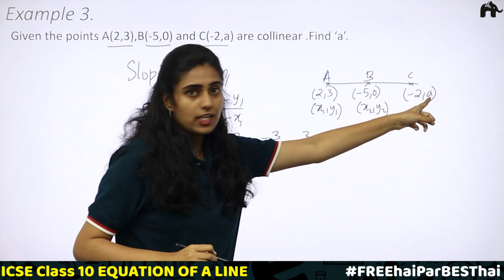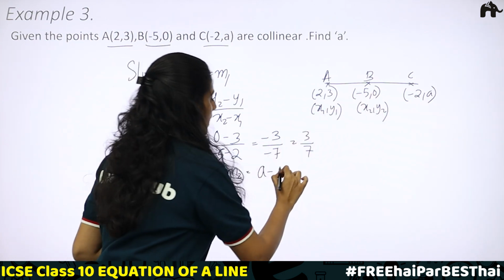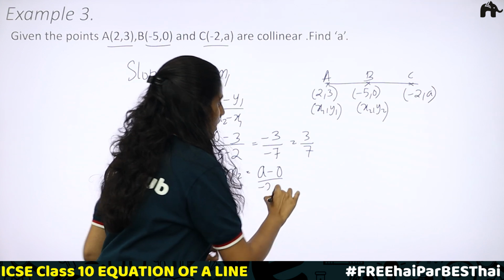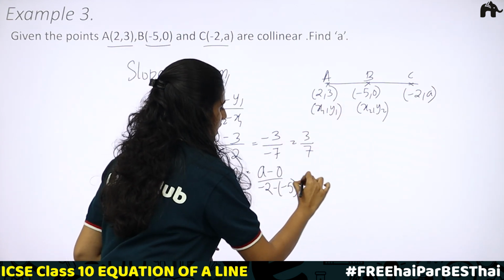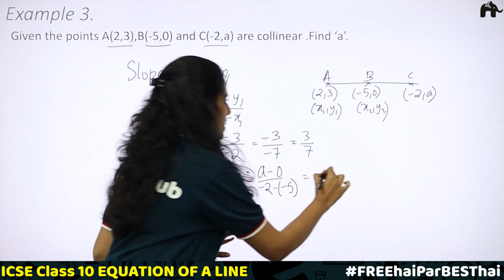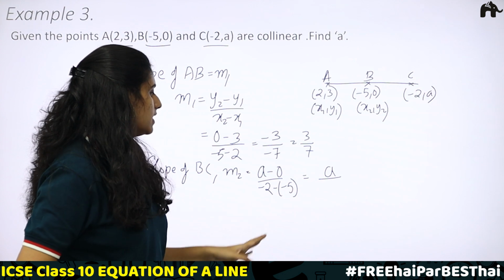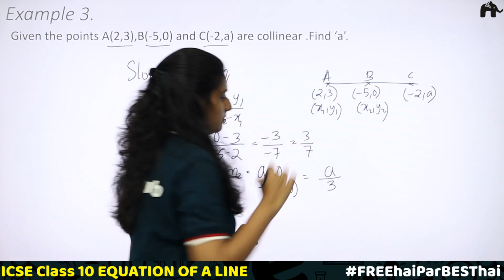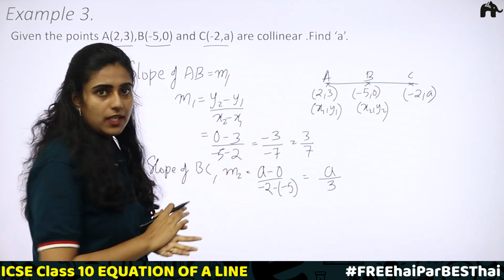Here in the position of y2 we have a. a minus y1, which is 0, divided by x2 minus x1. x2 is minus 2 and x1 is minus 5. That equals a minus 0 is a, divided by minus 2 minus of minus 5, which is minus 2 plus 5, which is 3. Since these points are collinear, slopes should be equal.